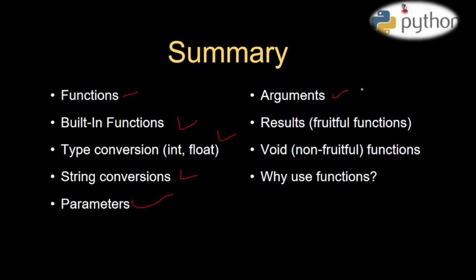We carefully follow the order and type of the parameters defined in the function definition, and we pass values to the function call. When a function returns some value, we call it a fruitful function. The opposite is called a void function or non-fruitful function.